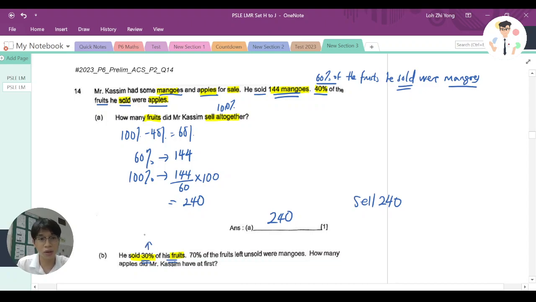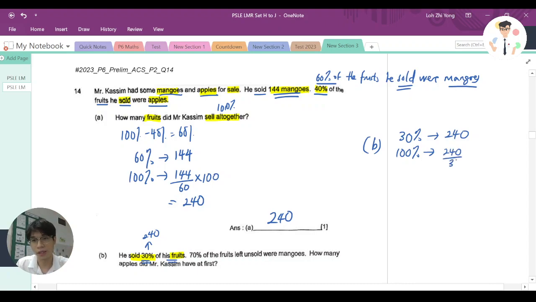So it means that this 30% is 240. Then what is 100%? 100% would be the total number of fruits that he actually had. So it's 240 divided by 30 times 100. You just simplify, you should get 800. This is the total fruits he has.